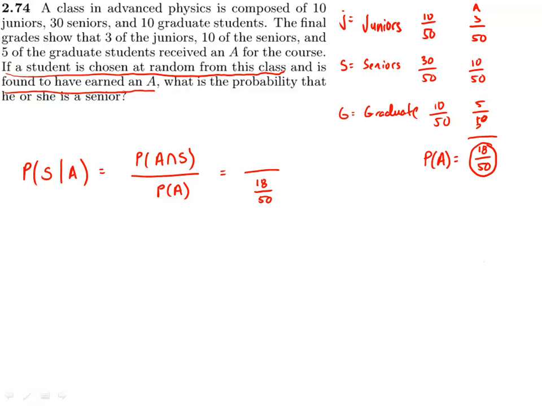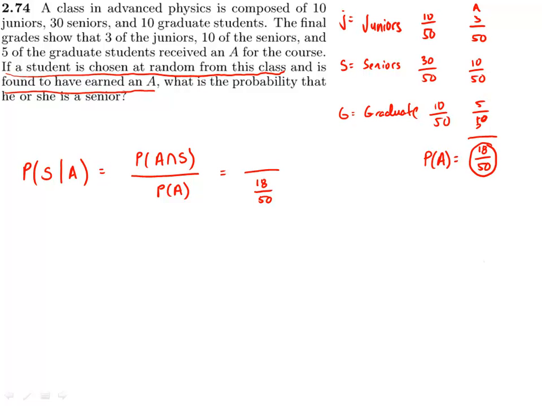The only piece of information that we need to find is the intersection of the two events. The event in which you got an A and also a senior. What is that probability? And you can find that probability from the list.